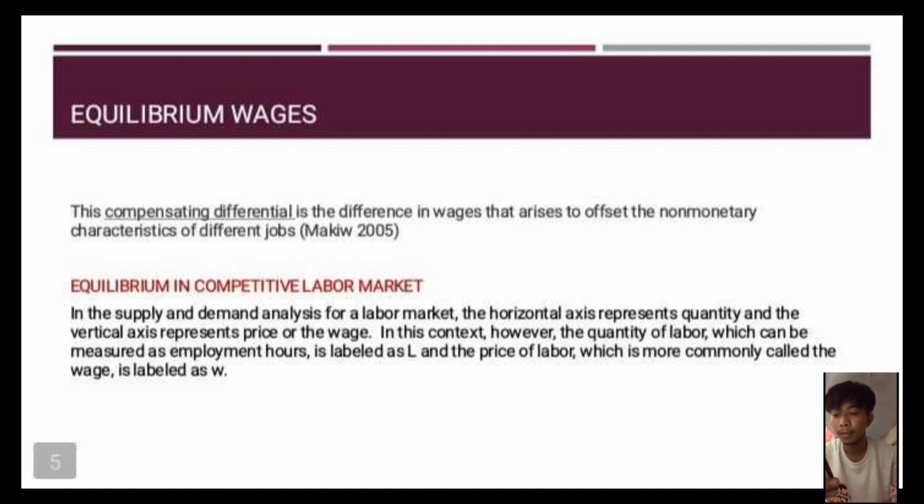In the supply and demand analysis for a labor market, the horizontal axis represents quantity and the vertical axis represents price or wage. In this context, the quantity of labor, which can be measured as employment hours, is labeled as L, and the price of labor, which is more commonly called the wage, is labeled as W.